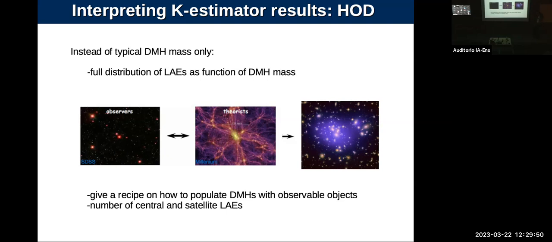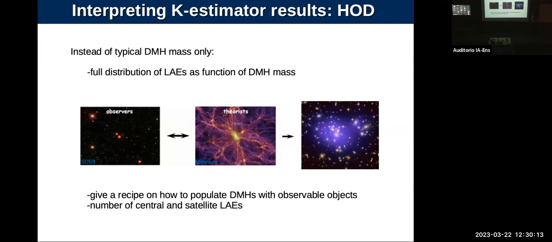And you will combine it in such a way that I will be able to give a recipe on how to populate dark matter halos with individual galaxies. And when I talk about galaxies, I will differentiate between central galaxies, the galaxy that sits in the center of your dark matter halo, and satellite galaxies, the other galaxies that are around that central galaxy.